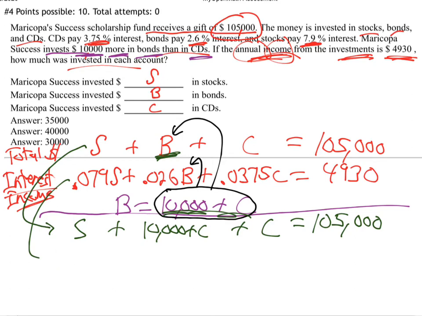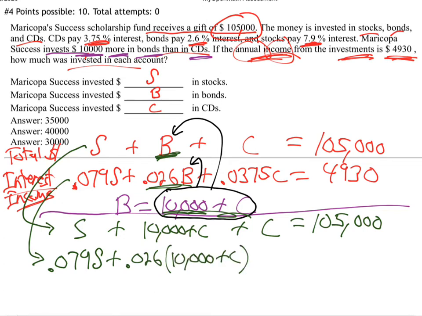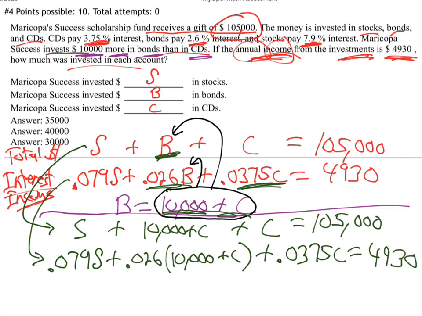And then the second equation, bring it down here: 0.079s plus this guy, 0.026 times B. And what's B? 10,000 plus C. Plus 0.0375C is 49.30.